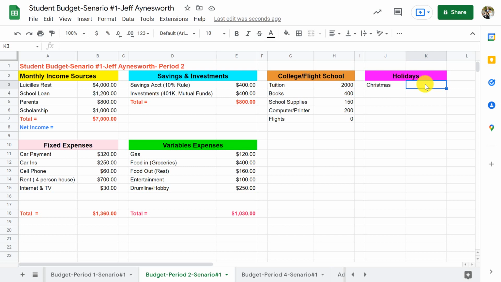My son probably spent $300 or $400 on Christmas because he bought for us and his parents and his siblings and his cousins and so on. So I'm going to put in $300 for him. Put a realistic number that makes sense for you.